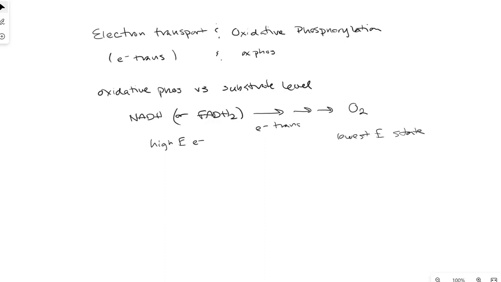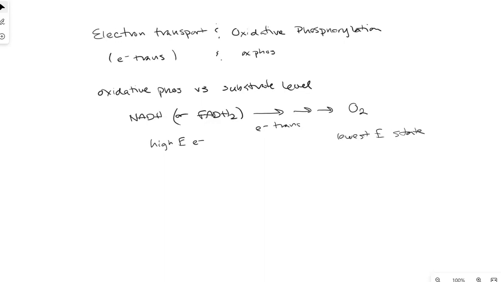So in the course of electron transport, a proton gradient is established across the inner mitochondrial membrane, and it's this proton gradient which provides the motive force which allows for ATP synthesis.